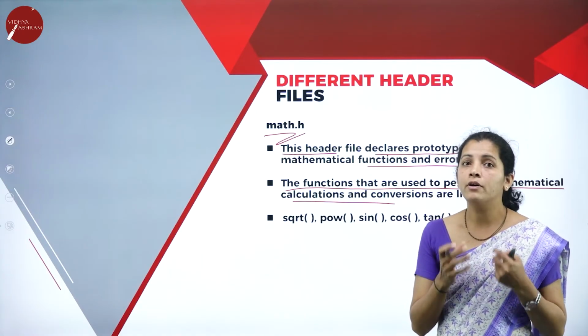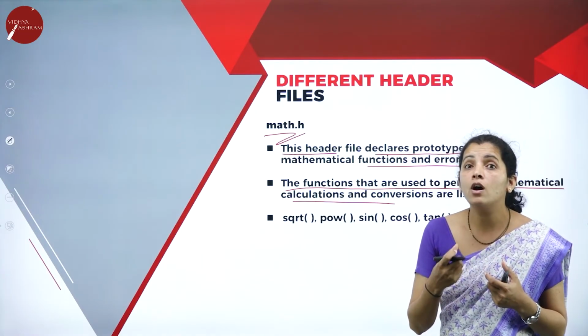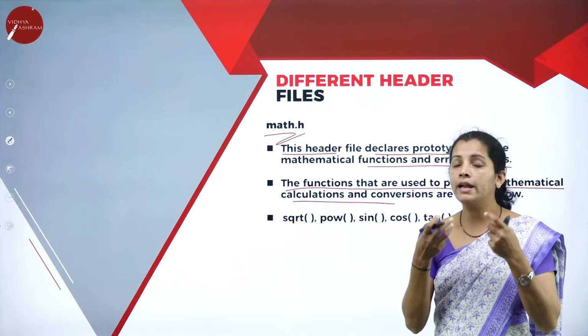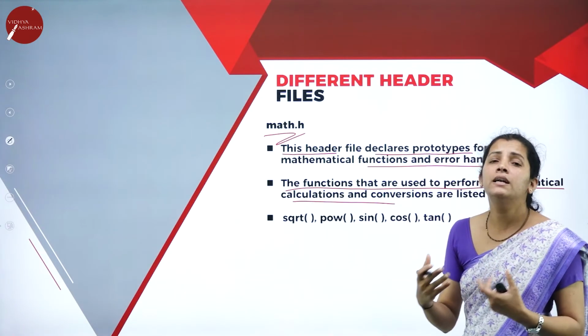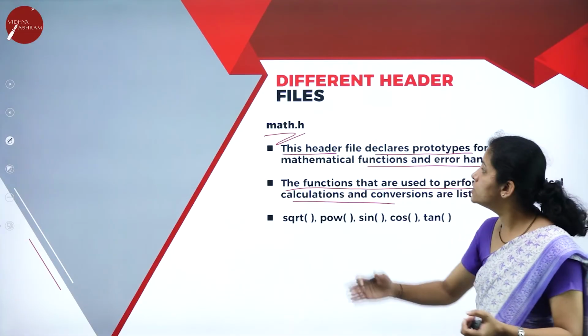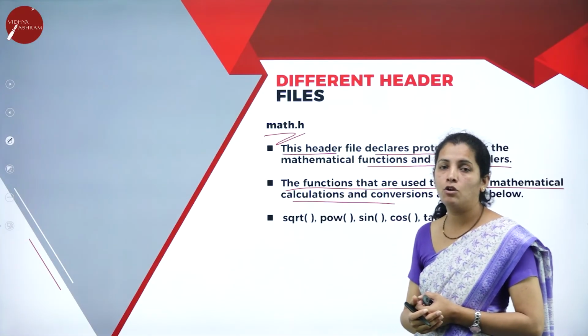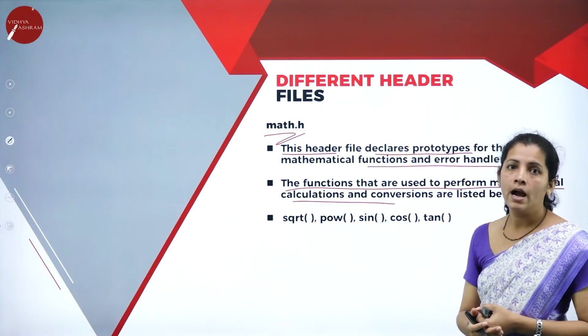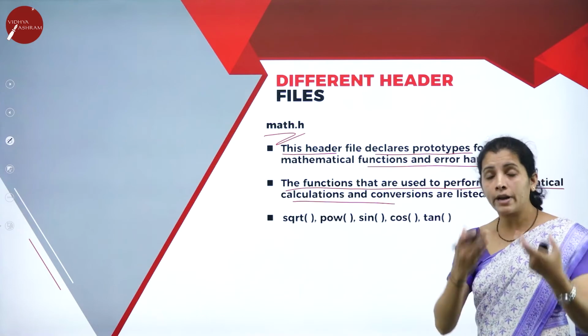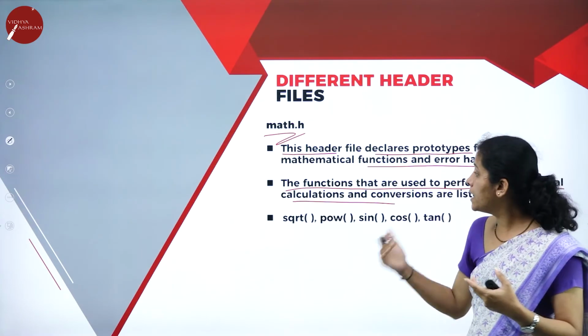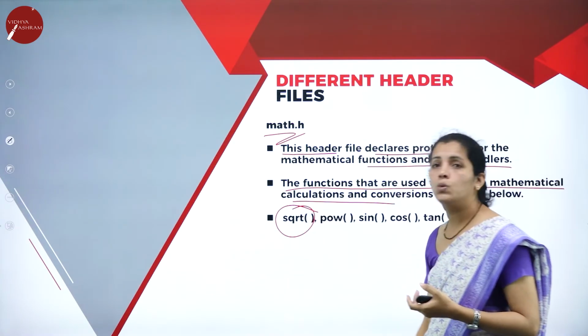For example, if I want to find the power of a given number, instead of writing a power function, I can use the built-in function stored in this math.h header file. If I want to find the square root of a given number, instead of writing the whole code, I can use the sqrt function.